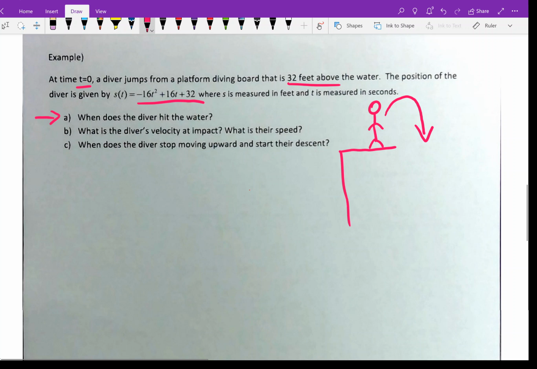Even this part of this little drawing kind of looks like a parabola, doesn't it? If I were to draw that, it's kind of a parabola, isn't it?